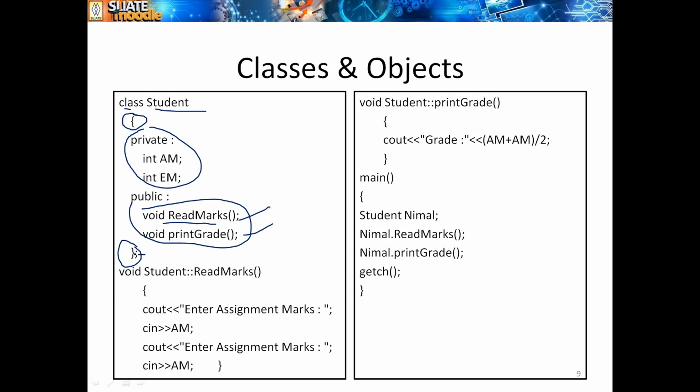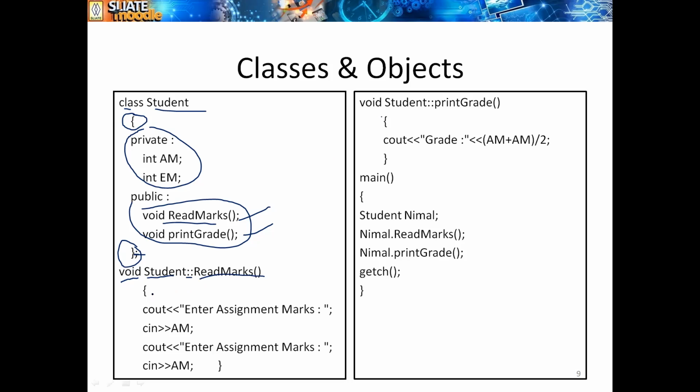After the class ends, out of the class, we write the two methods. How to write one method? First the return type, then the class name, then the scope resolution operator, then the method name.